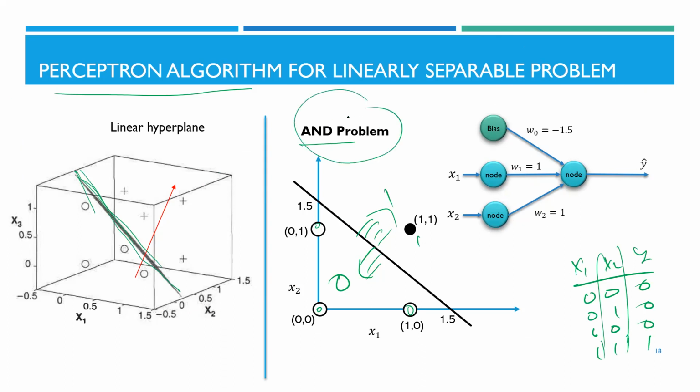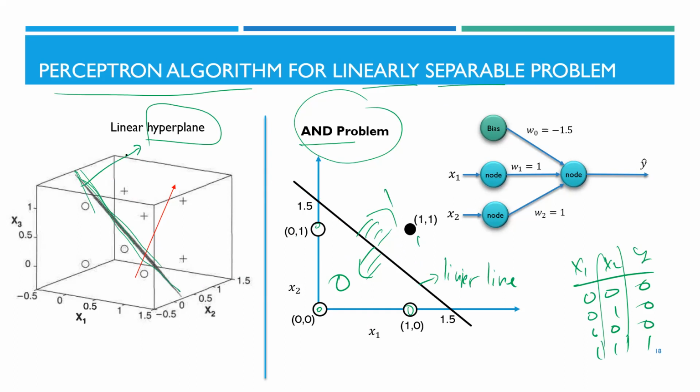Because the AND problem is basically a linearly separable problem. A linearly separable problem is any classification problem where the data can be separated very well using only one linear line like this. This is a linear line. This one is a linear hyperplane because it is in 3 dimensions.